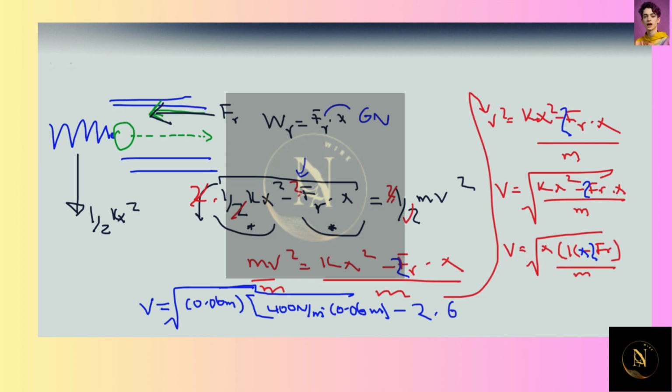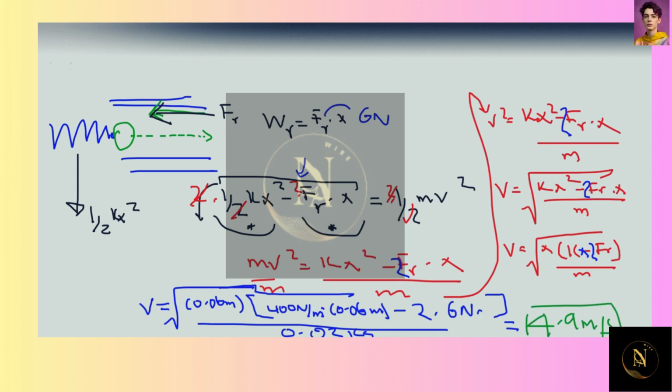So 2 times 6 newtons, and then we have to divide by the mass, which happens to be 0.03 kilograms. When you solve that, you get that the velocity, the speed, goes down to 4.9 meters per second.